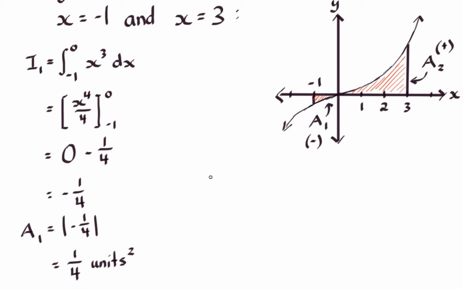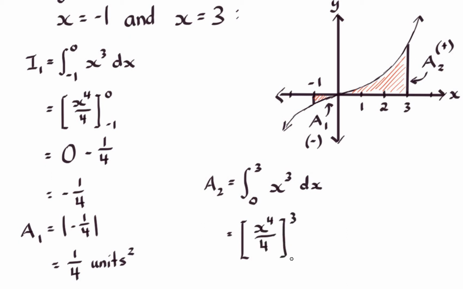Now area 2, we can just go straight to the definite integral because we know this will give us a positive result. And this is between 0 and 3. But it's for the exact same integral. So that's nice. We already know that that's x to the power of 4 on 4.